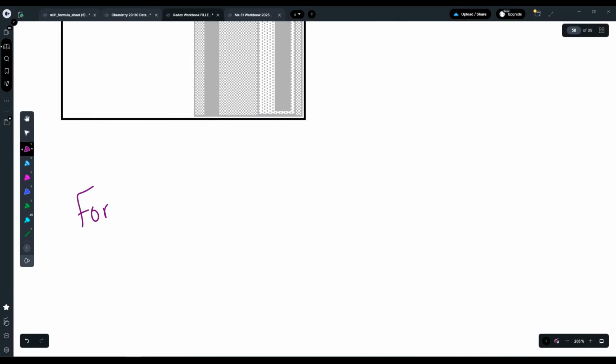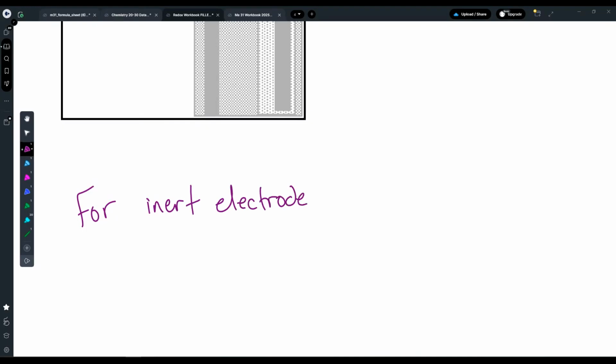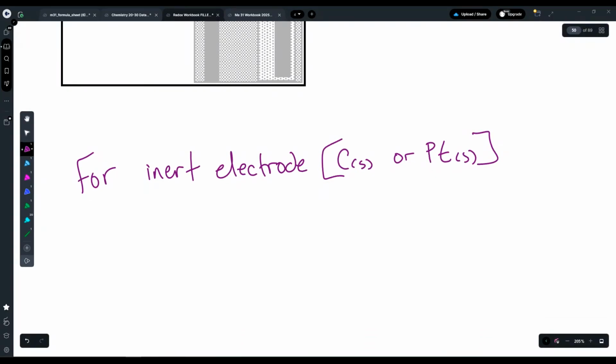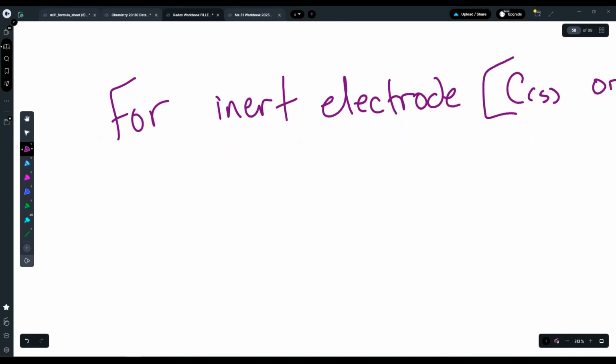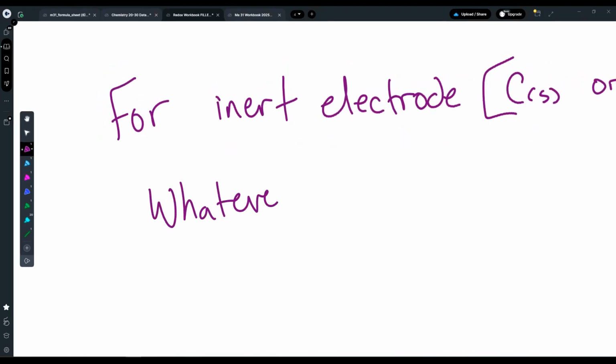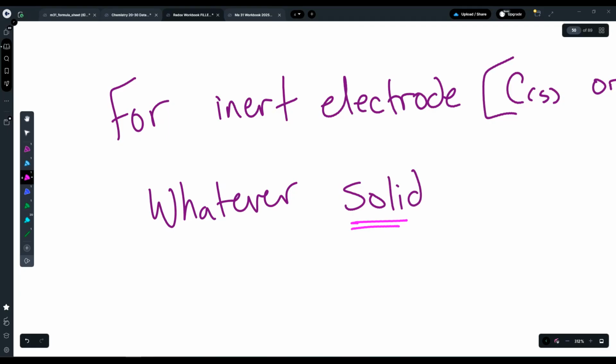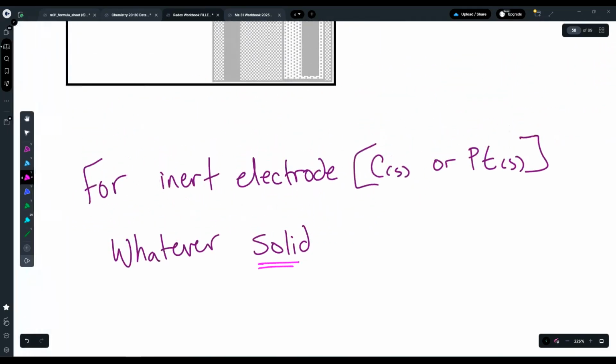So, inert electrodes. So those are your carbon solids or platinum solid. Remember, electrodes are always solid. And you know what? I'm also going to write this vague enough so that it applies to non-inert electrodes as well. So whatever solid, so that's important that we're talking about solids when identifying electrodes.